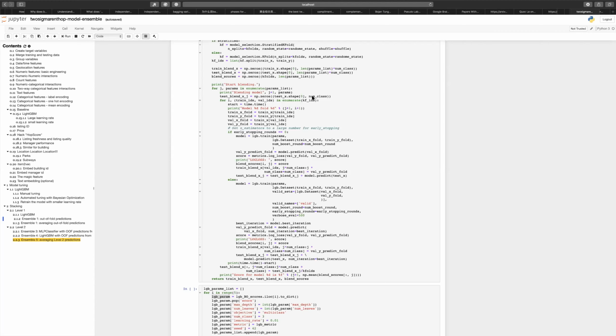One is the Santander customer prediction competition, which is the biggest competition in Kaggle's history, with more than 10,000 participants, and I was fortunate enough to win a gold medal in it.